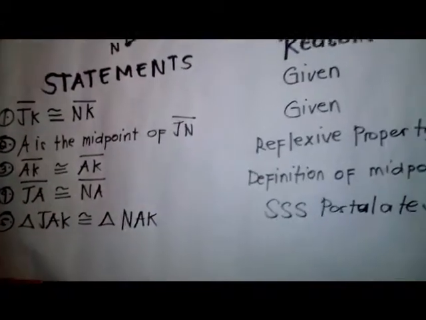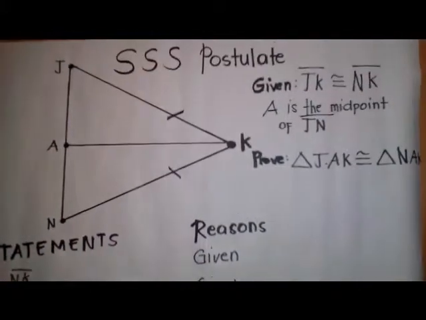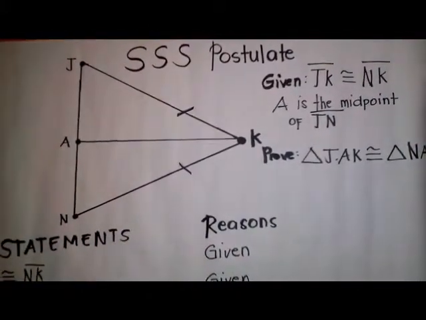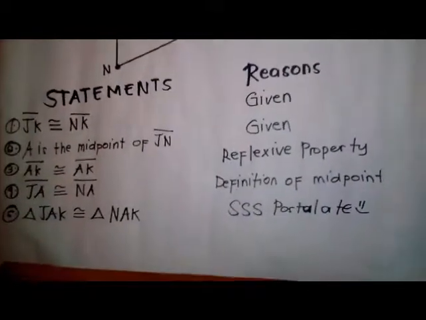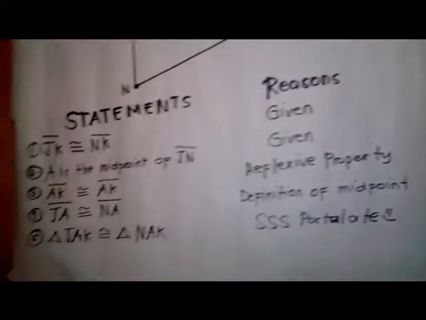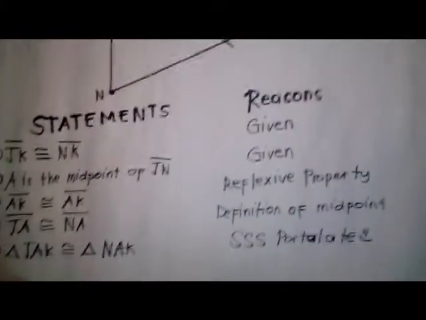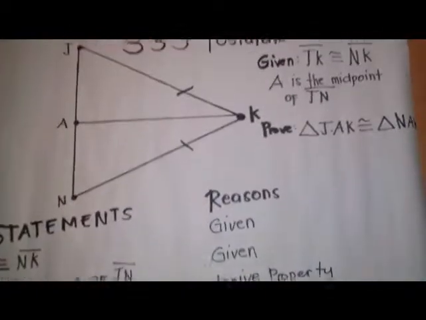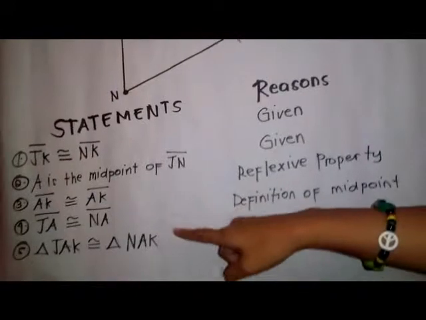So we can conclude that JA is congruent to NA by the definition of midpoint. So now we have three sides of a triangle that are congruent to three sides of another triangle. So by the SSS postulate, we conclude that triangle JAK is congruent to triangle NAK.